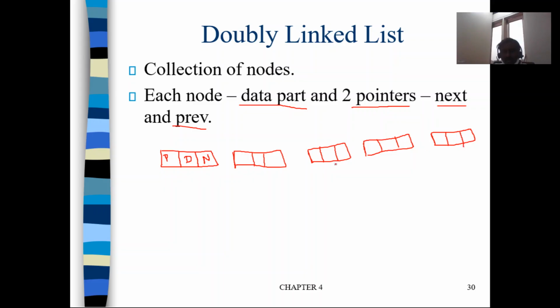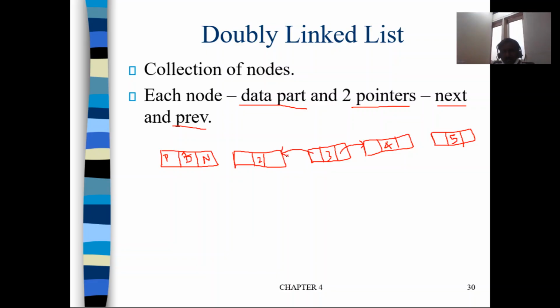Say the data part of this node is 1. For our convenience, this node's data part is 2, this node's data part is 3, this node's data part is 4, this node's data part is 5. If you see, node 3's next pointer will point to node 4, and node 3's previous pointer will point to node 2.